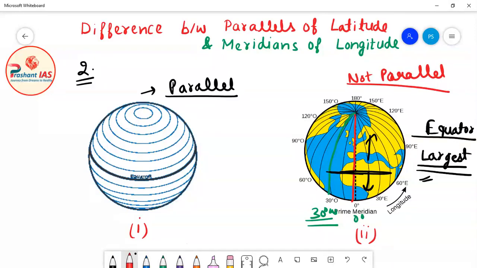You can notice here that the distance is largest here, but as we go up, this distance continuously decreases. And at the poles, the distance between two meridians of longitude becomes 0, because all the meridians of longitude meet each other. At the North Pole all the meridians are meeting. The distance between them at the North Pole and South Pole is 0.